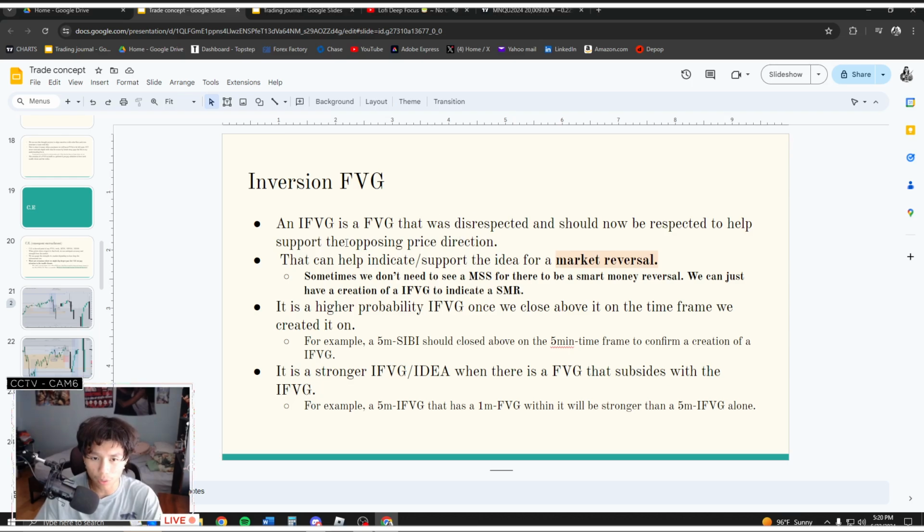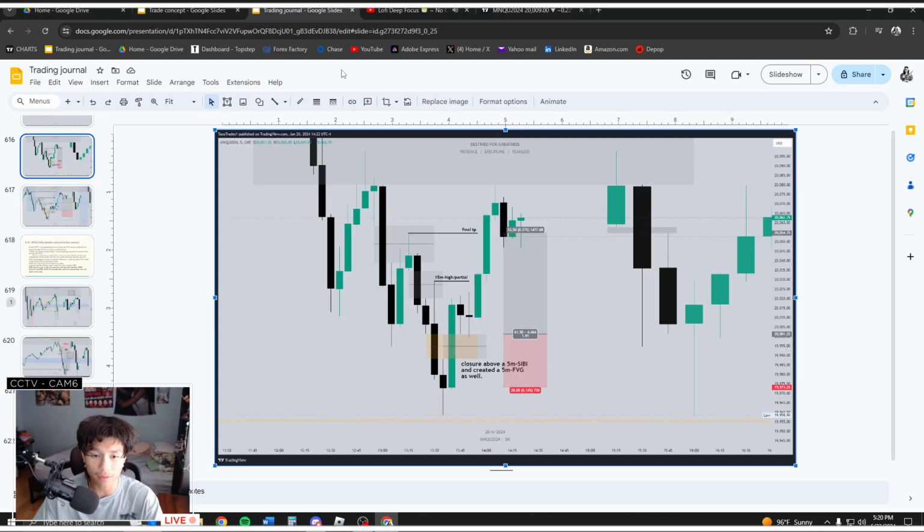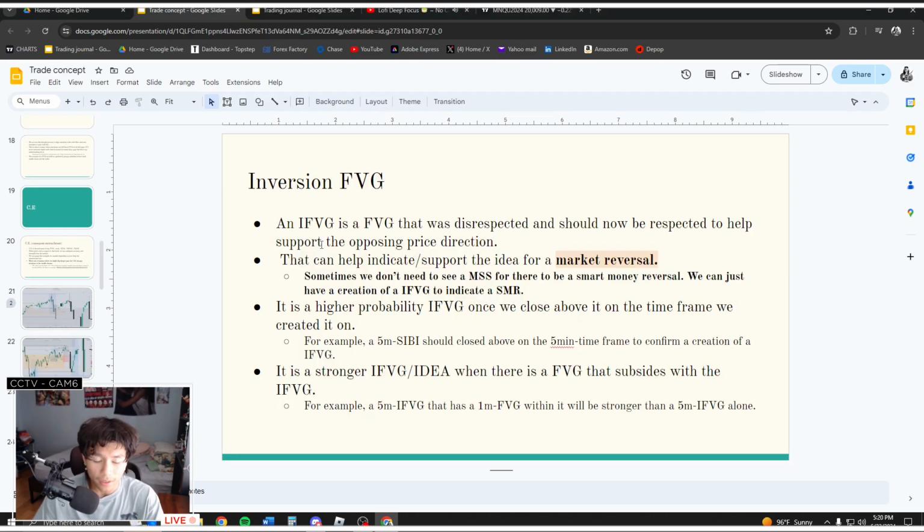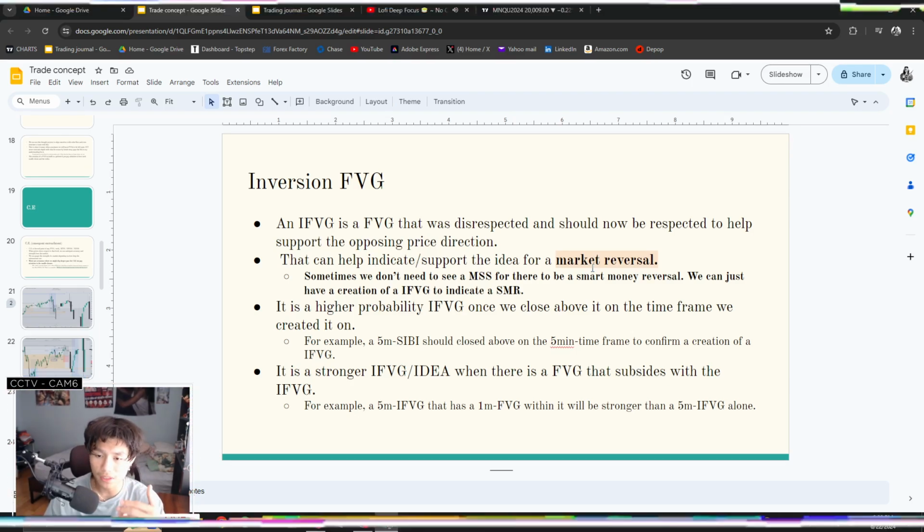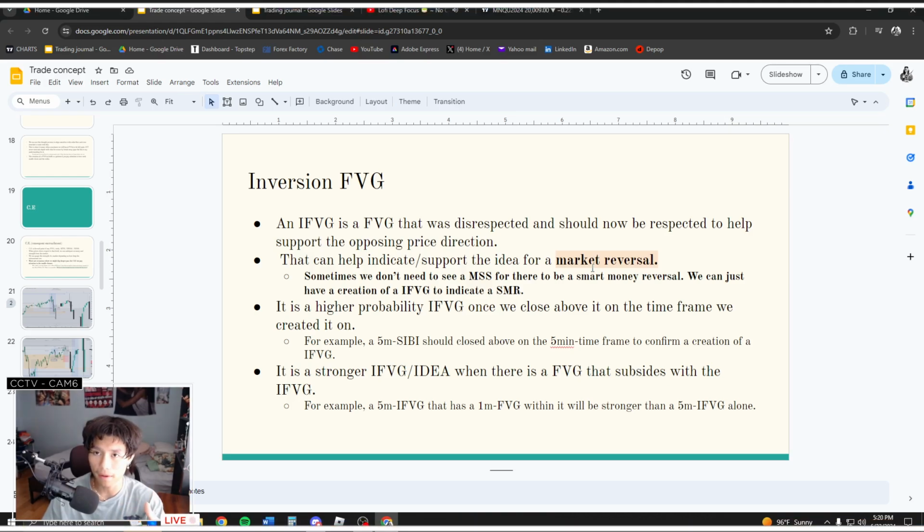That is showing, hey, we're disrespecting the bearish as of currently right now, and we might be attacking higher prices. This concept can help indicate and support the idea of a market reversal. When ICT states that sometimes he doesn't require a market structure shift on his trades, I believe this is what he meant by that.